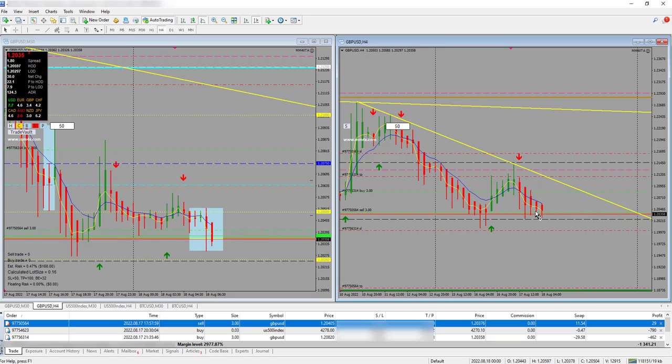So if price does not break below this and goes up towards the high of the day, which will be right here, the super high of the day in this area, that would be from the top to here, coming back to retest near this trend line.